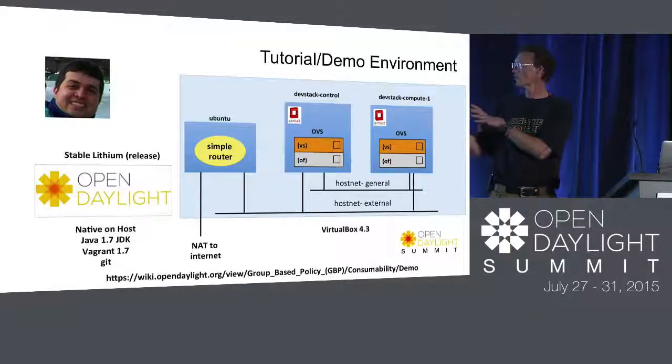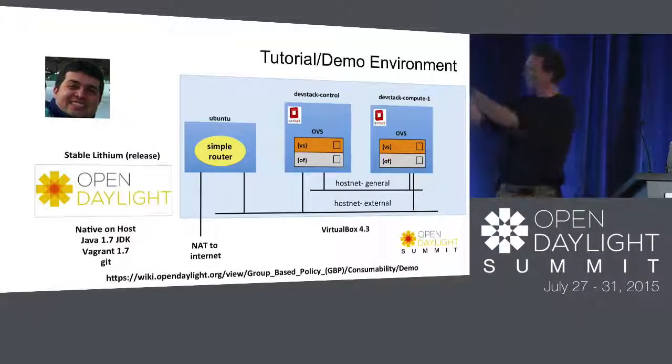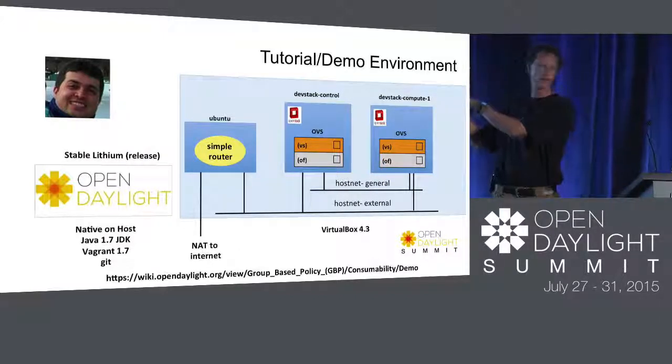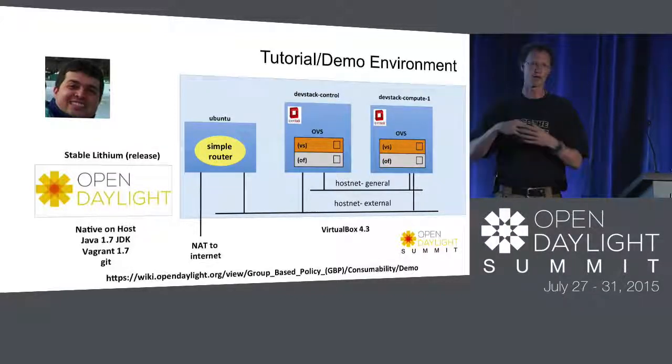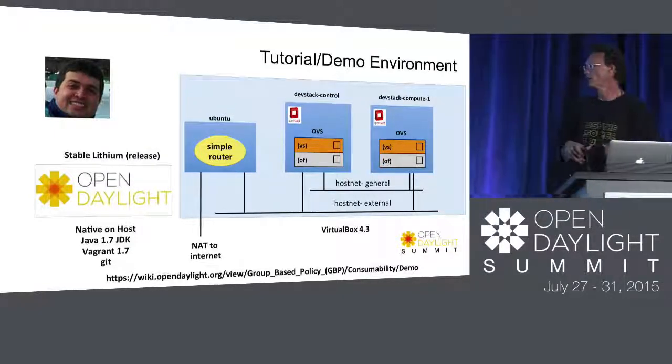And I just want to make sure we're very clear, that's not doing any neutron routing at all. That's purely to say that we have an enclosed system, all the routing is done in OpenDaylight, and we simply use that as a way to say, hey, I can get to work.opendaylight.org, right? So that's all that's doing.